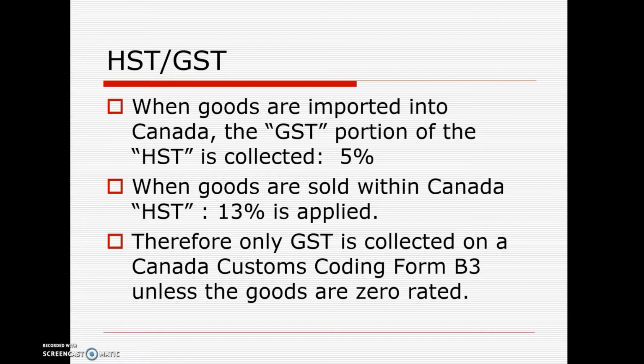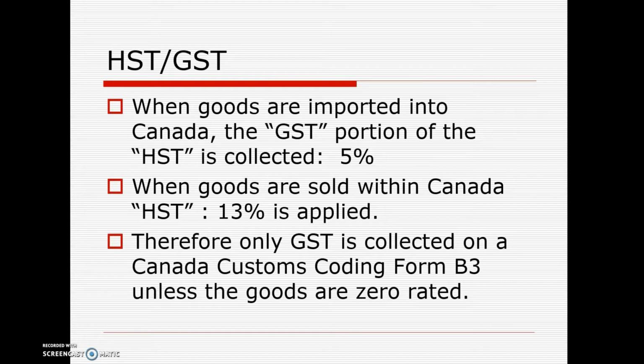Now, you're Walmart, and you import a tube of toothpaste, and the price you paid was $1 Canadian for that tube of toothpaste. When we clear it through customs, we apply 5 cents GST, which is 5% of $1.